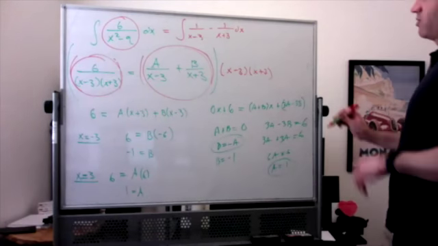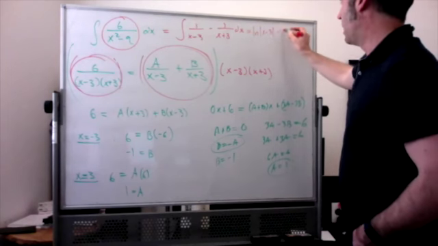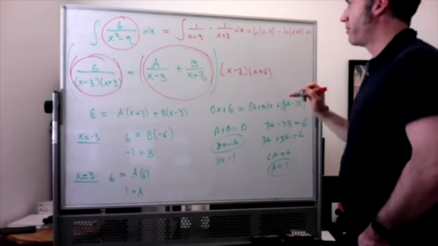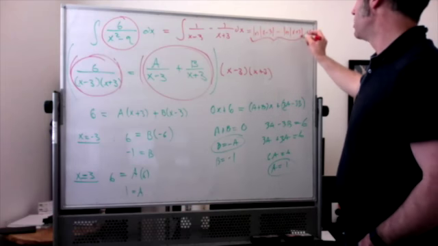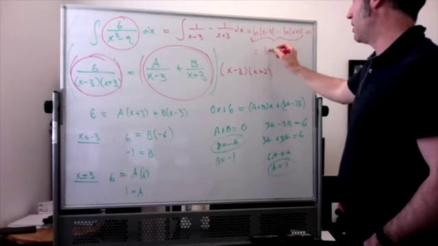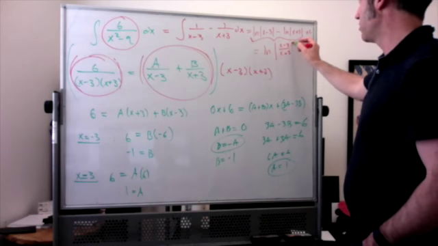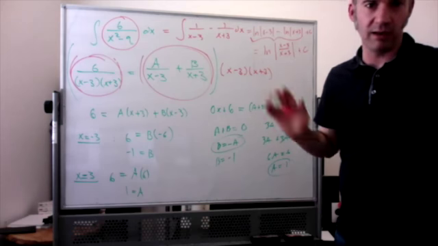We get the natural log of the absolute value of x minus 3 minus the natural log of the absolute value of x plus 3 plus c. And just as a quick aside, you might see people simplify this as the natural log of the absolute value of x minus 3 divided by x plus 3. You shouldn't worry about that, but you might encounter it at some point.